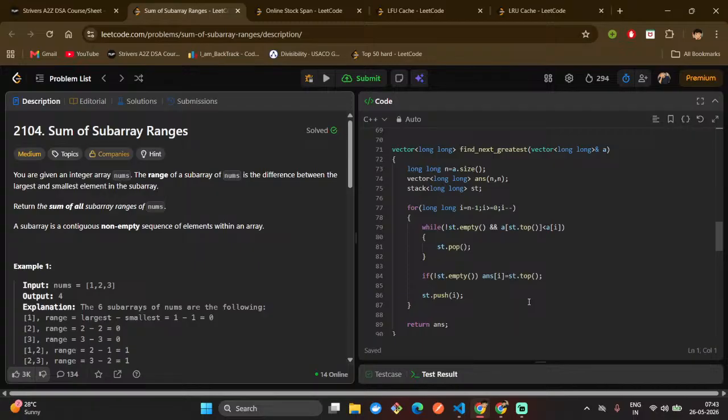We have the brute force solution. Now the previous greatest element should be minus 1. Right. And for the one, for the two greater, minus 1. 1.